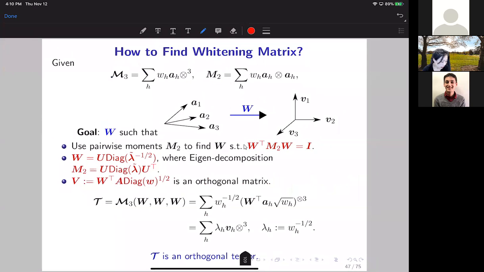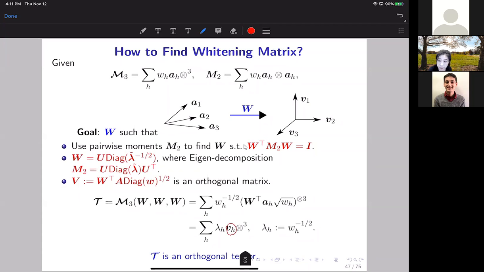So essentially, we say the V, which is W transpose A diag of omega to the power of a half, is an orthogonal matrix. And you can verify, using W of this form, the tensor would have orthogonal components.